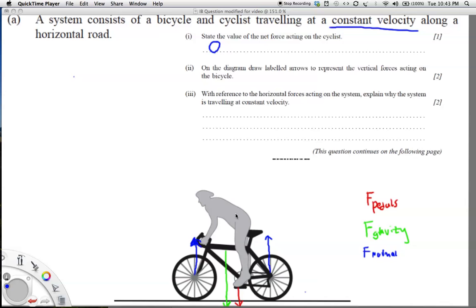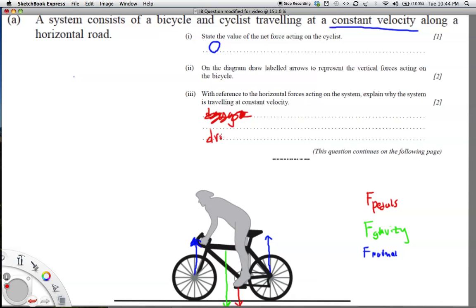Okay, with reference to horizontal forces acting on the system, explain why the system is traveling at a constant velocity. Okay, so in this case, and I'm just going to do it in red here, the drag, which is the air resistance, okay, let me just cross that out.